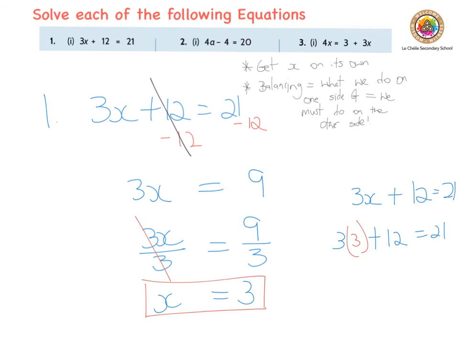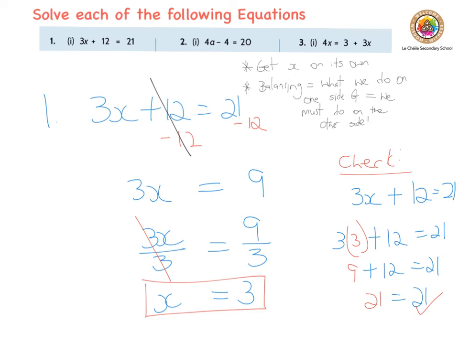Well, I know that 3 by 3 is 9. 9 plus 12, is that equal to 21? Well, 9 plus 12 is in fact 21 if you check on your calculator. So 21 equals 21 is correct. I know I'm right. So that's my check to see have I balanced and solved my equation perfectly.